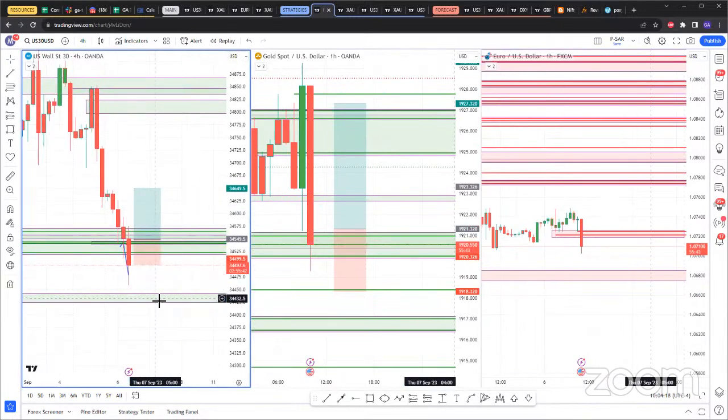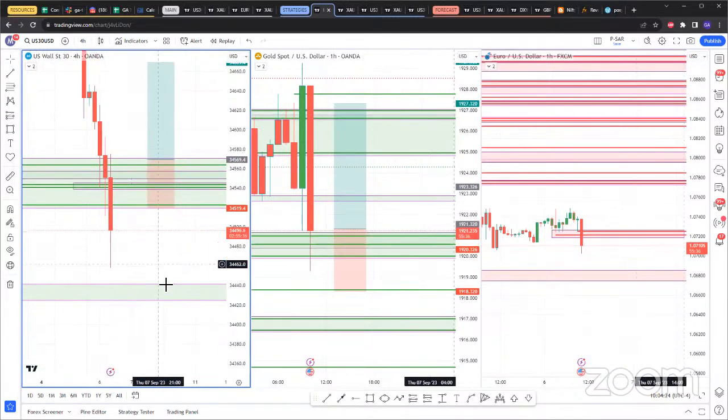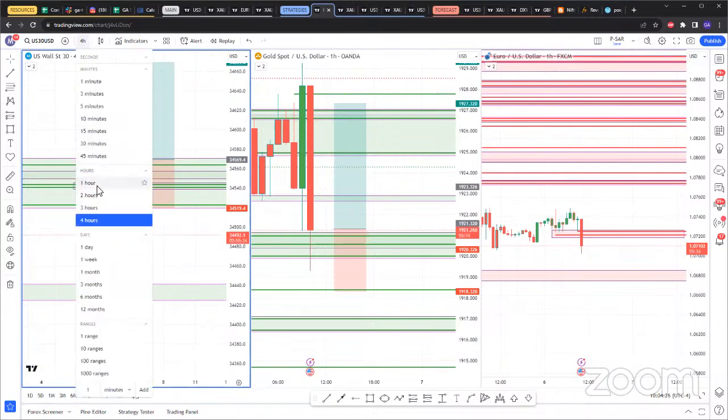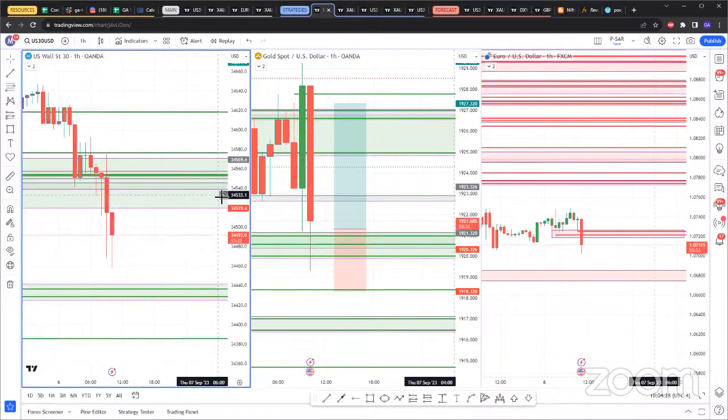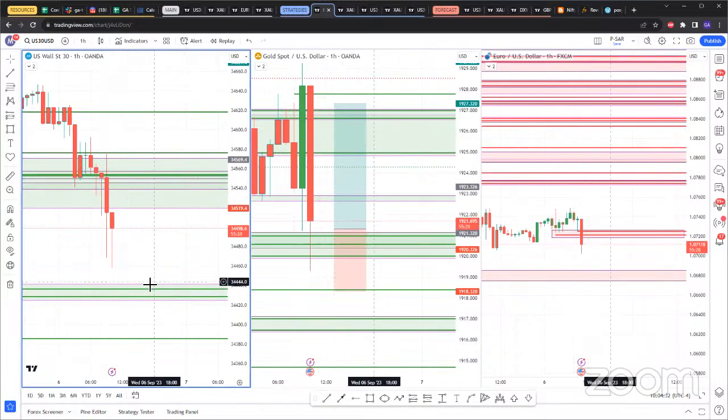For this US 30, let me take this off and look for, so this is the 4-hour time frame. On the hourly time frame, the next double is up there or down here.